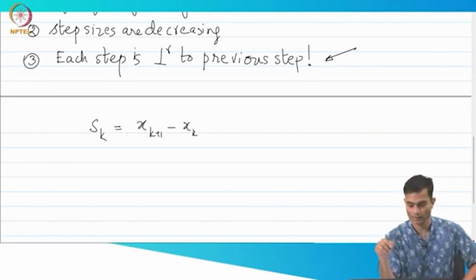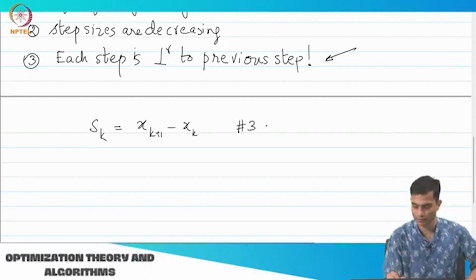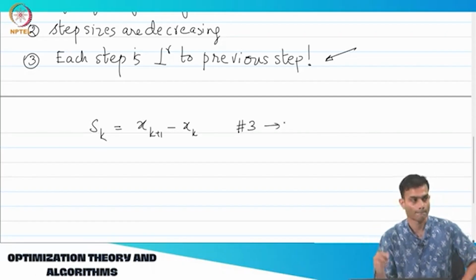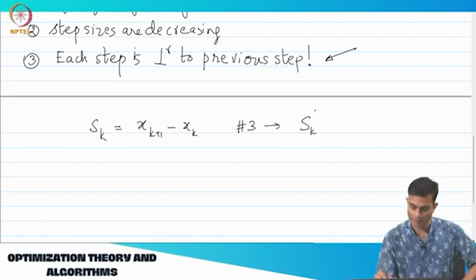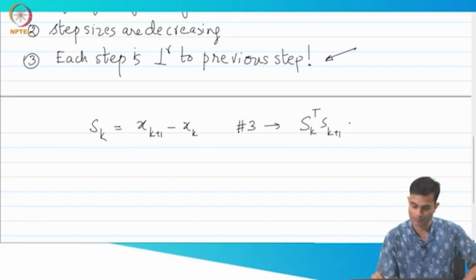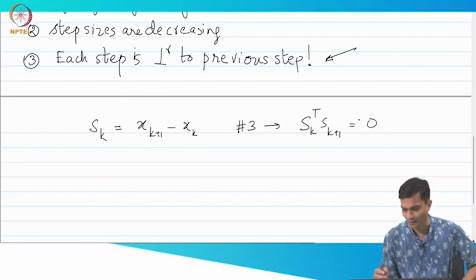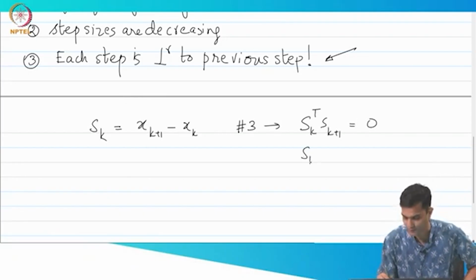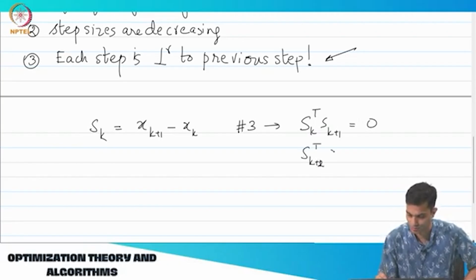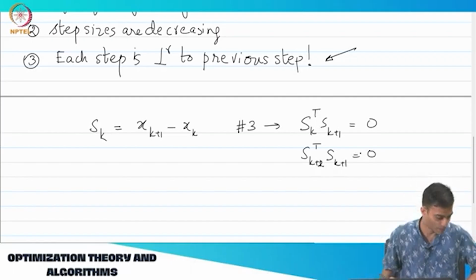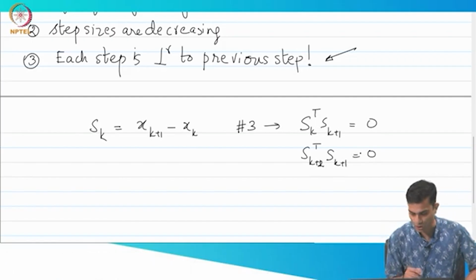What is the mathematical equivalent of condition 3? Sk transpose Sk plus 1, for example, should be equal to 0. That is what I want to prove. There are all sorts of variations of it. I can write it as Sk plus 2 transpose Sk plus 1 equal to 0, whatever makes my life easier.